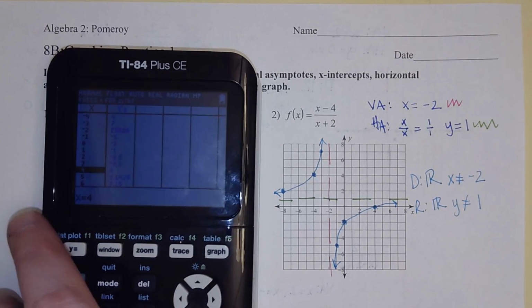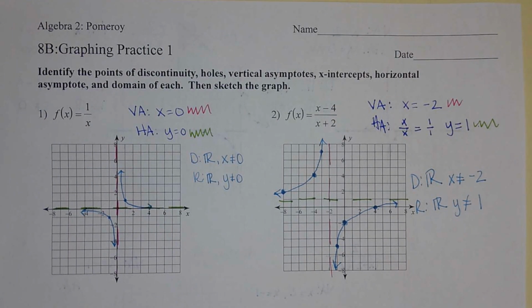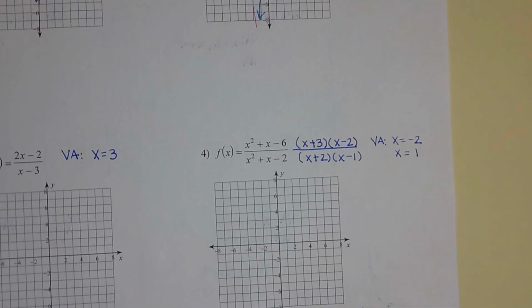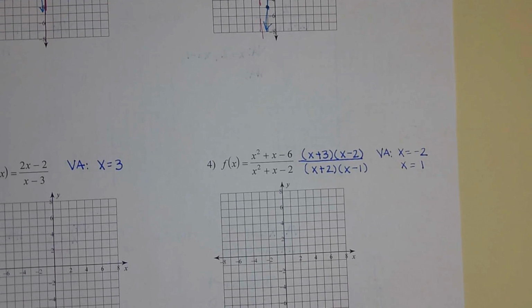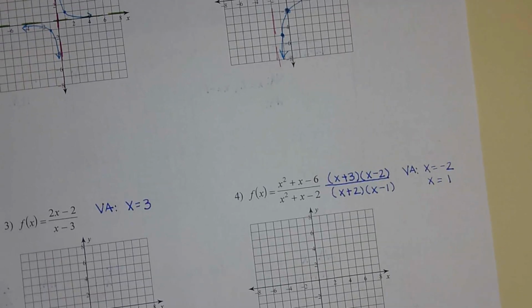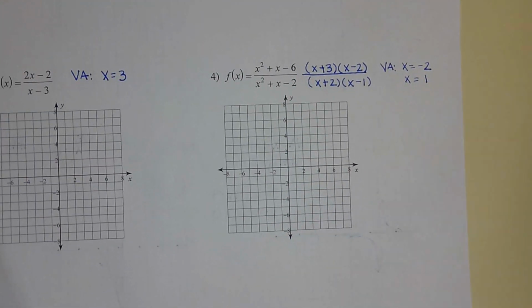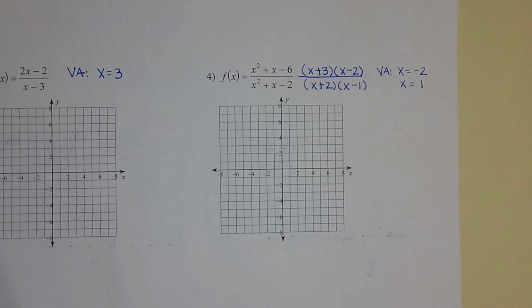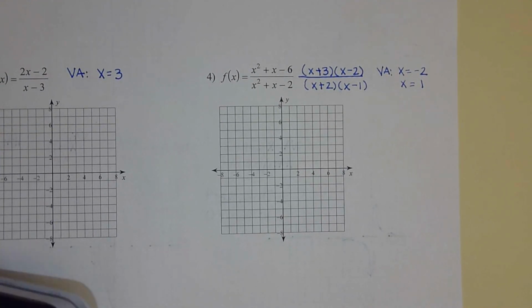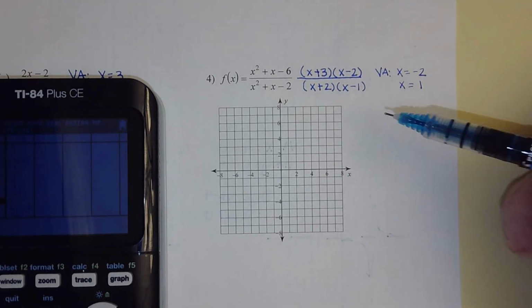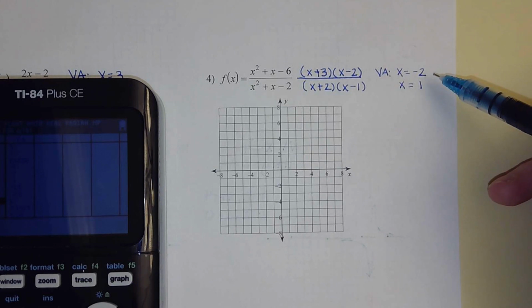The next question that I want to look at is going to be question number 4. So what I've already found is that I have taken and factored everything. By doing that, I have seen that my vertical asymptotes are at x equals -2 and 1.